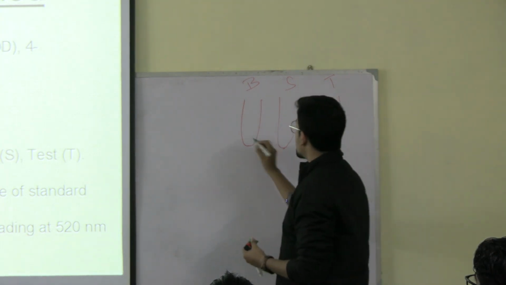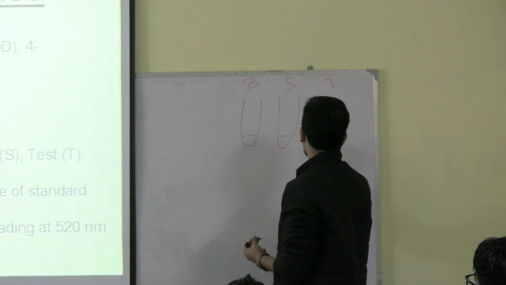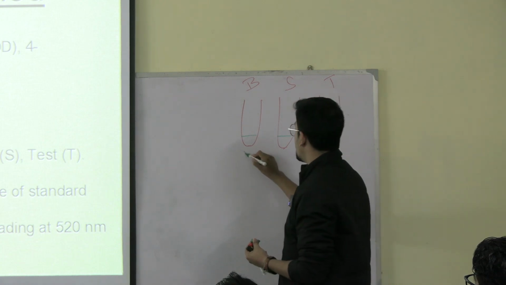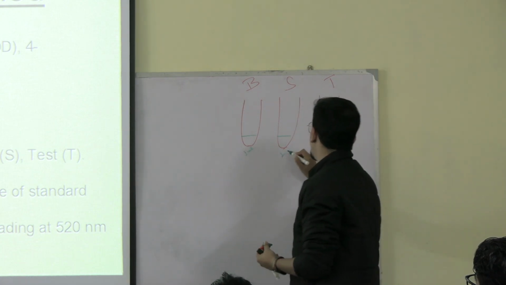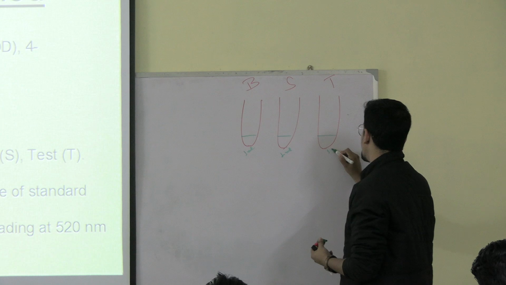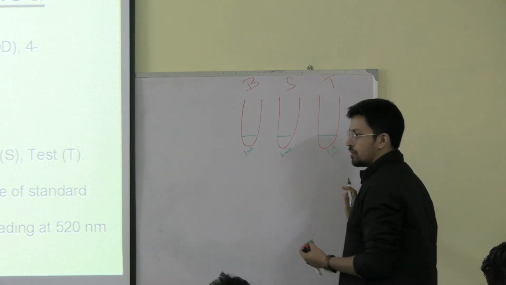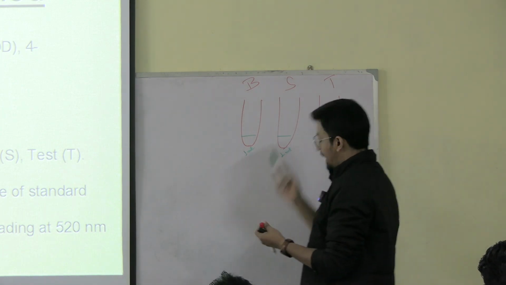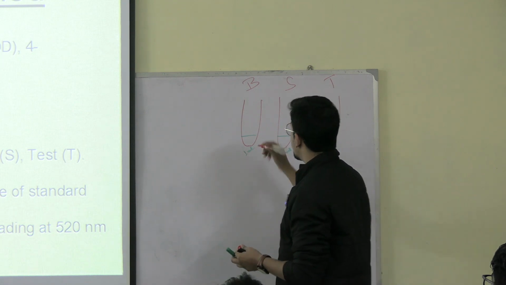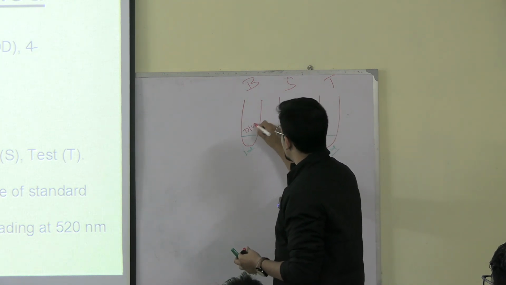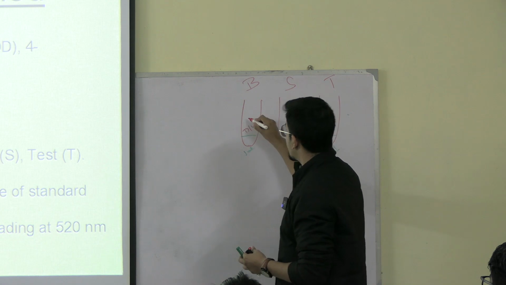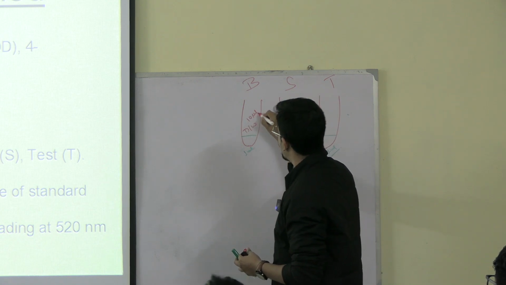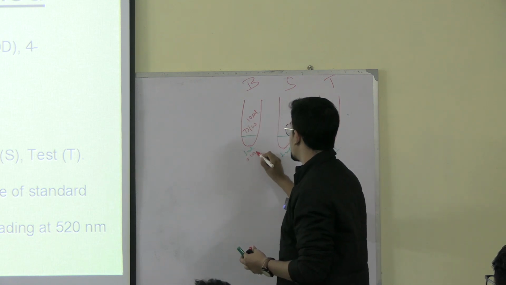I will take 1 ml in each of the test tubes. 1 ml of enzyme reagent, 1 ml of enzyme reagent and 1 ml of enzyme reagent in the 3 test tubes. Then in the blank I will add distilled water, since it is blank. How much? 10 microliter. This 1 ml is also equal to 1000 microliter, if anybody has any doubt.